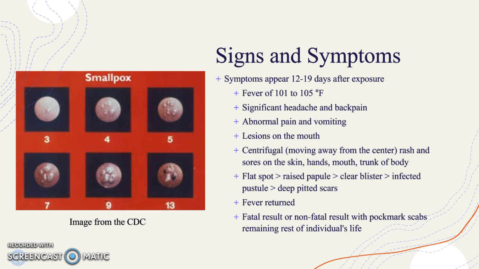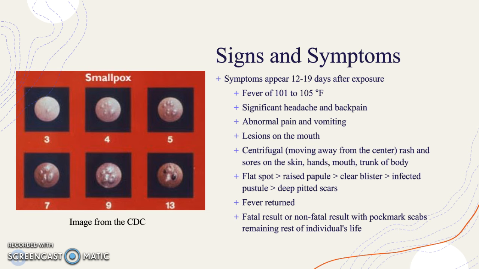It typically starts as a flat spot, like number 3. Then it gets raised, if you think of 4 and 5. Then it becomes a blister, if you look at picture 7. And then it's infected. And if you're lucky and you survive and it falls off, you have a deep pitted scar on your face. Think back to that picture of those little boys. Then your fever returns. There was a 30% fatality rate.